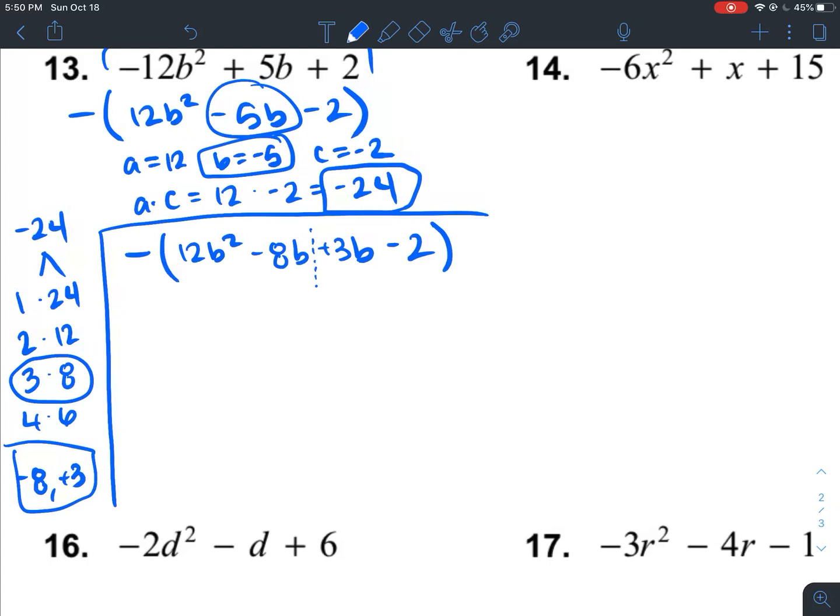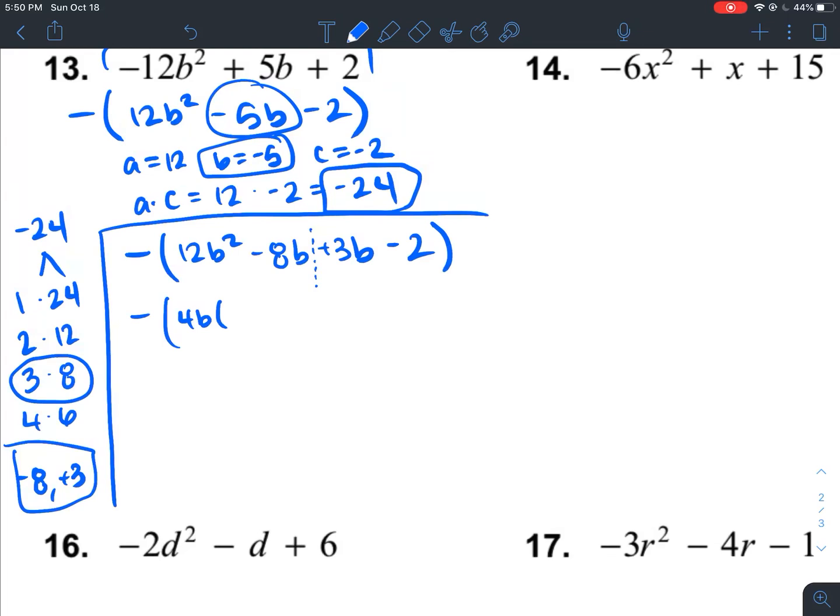So right here, we can factor out a 4b. So remember we have the negative outside. So if we factor out a 4, which is what they have in common, take out the 4b.